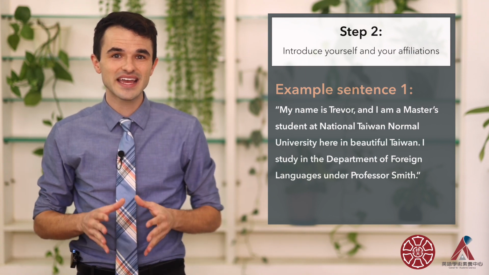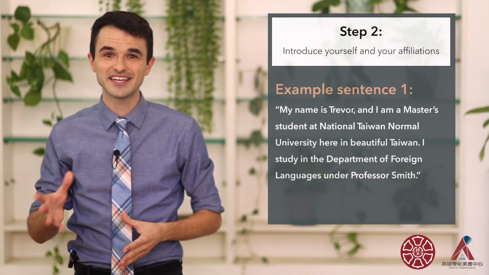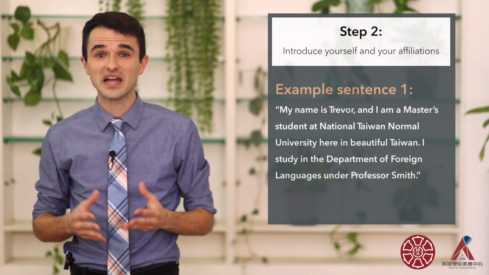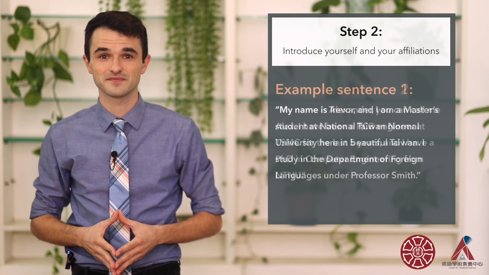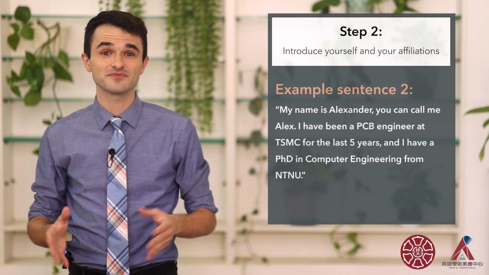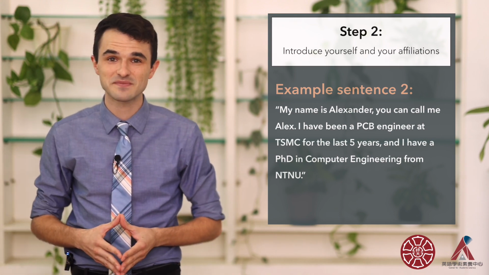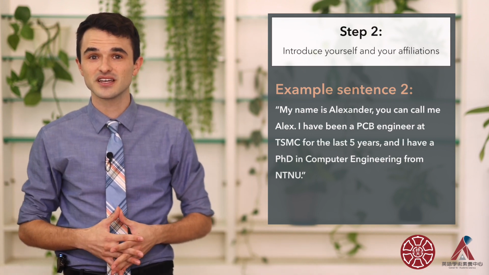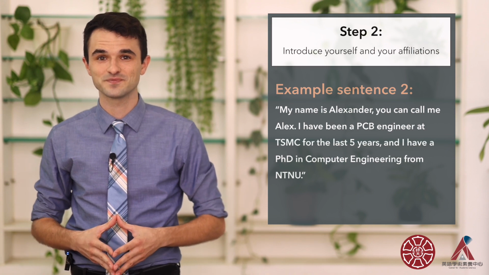Example sentence number 1. My name is Trevor, and I am a master's student at National Taiwan Normal University here in beautiful Taiwan. I study in the Department of Foreign Languages under Professor Smith. Example sentence number 2. My name is Alexander. You can call me Alex. I have been a PCB engineer at TSMC for the last 5 years, and I have a PhD in computer engineering from NTNU.